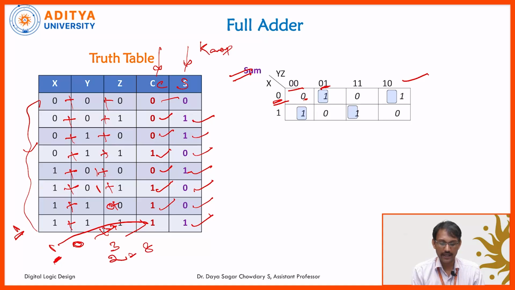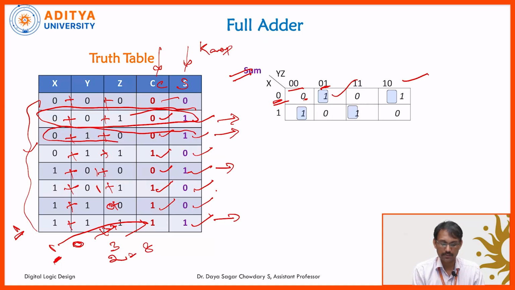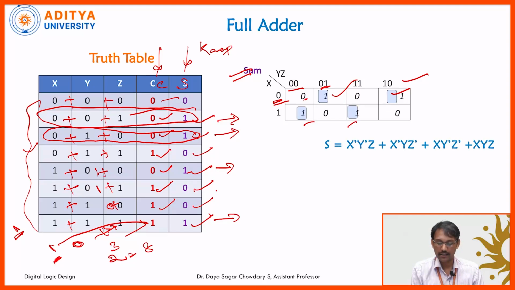Where the ones are there, we have to represent the corresponding combination inputs. Likewise we have to take all the ones, and if we calculate the particular equation with the help of this K map, then we will get this equation.